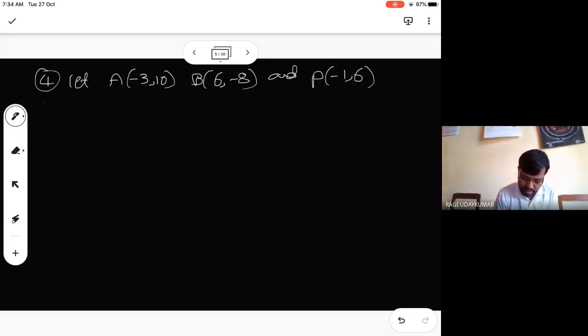Okay, you can consider it like this. You may have point A here, point B here, and point P somewhere else. In what ratio is P dividing?